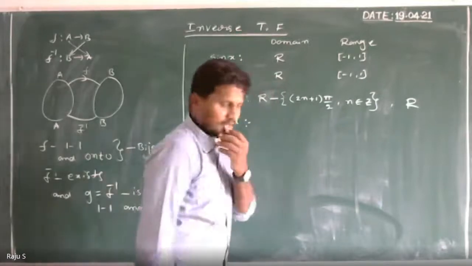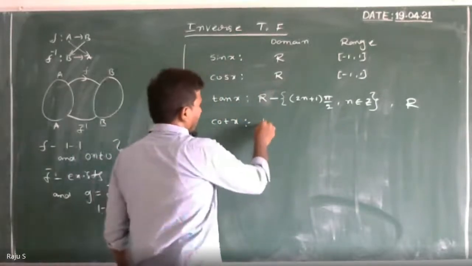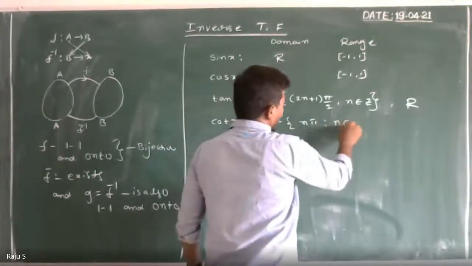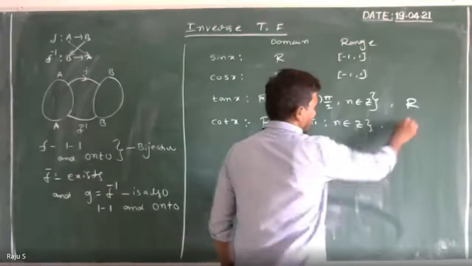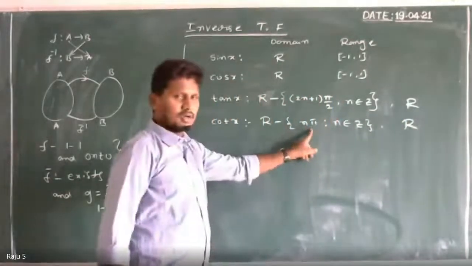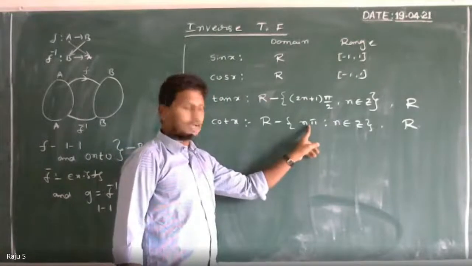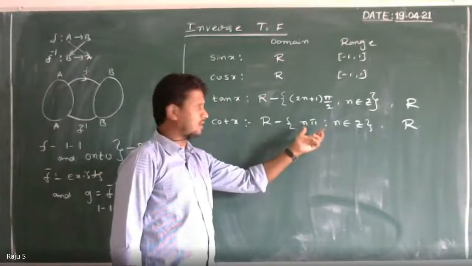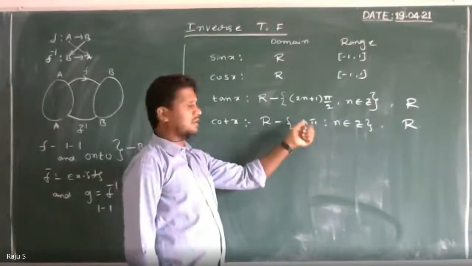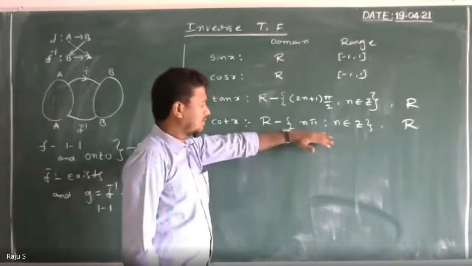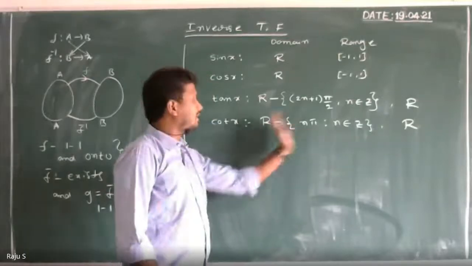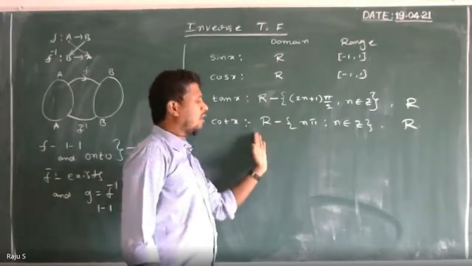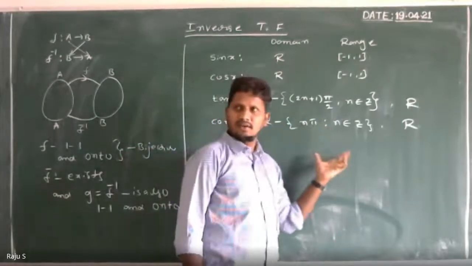For all these values it is undefined. So the domain is R minus n pi, where n belongs to Z. Cot 0 is undefined, and so are cot 180, cot 360, and so on. In the same way, minus 180, minus 360. For all these values we get infinity, so we remove them from the real numbers. For the remaining values it is defined and we get a finite value.